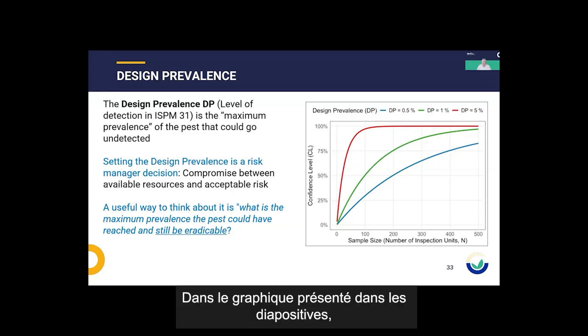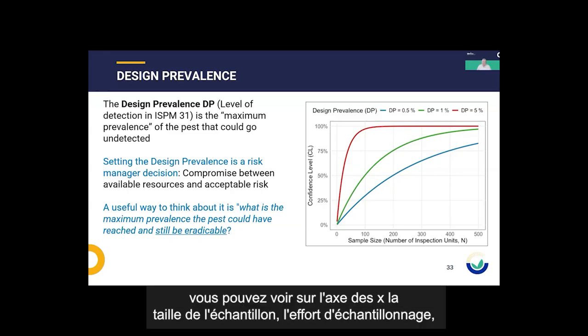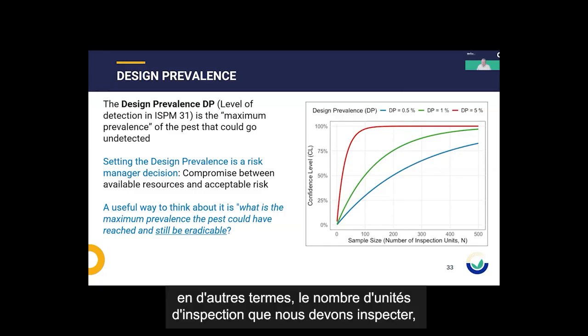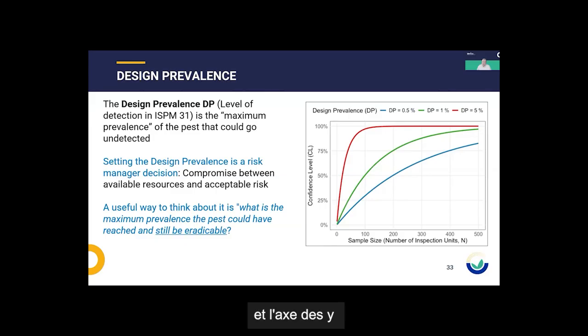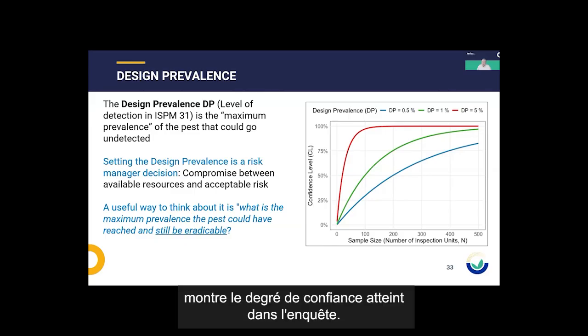In the graph in the slide, you can see in the x-axis the sample size, the sampling effort, therefore the number of inspection units we have to inspect, and in the y-axis the confidence level achieved in the survey.